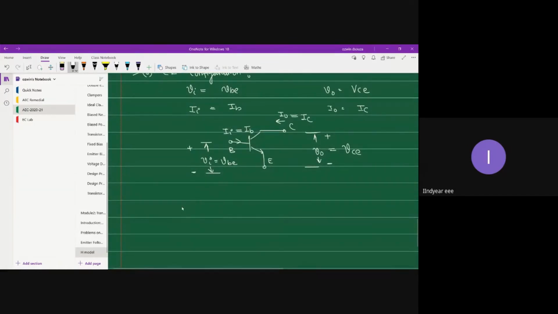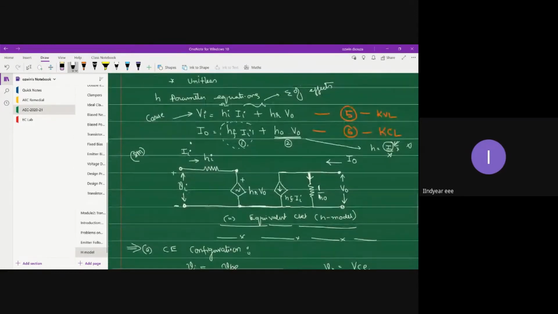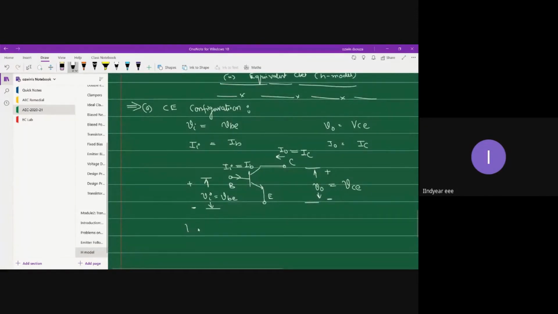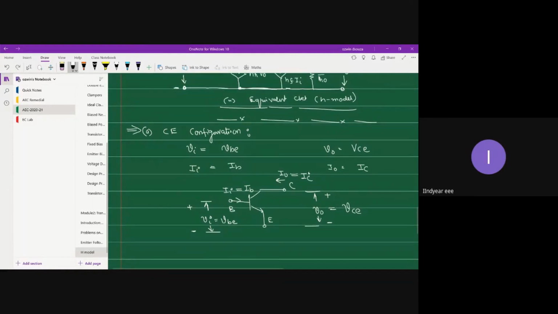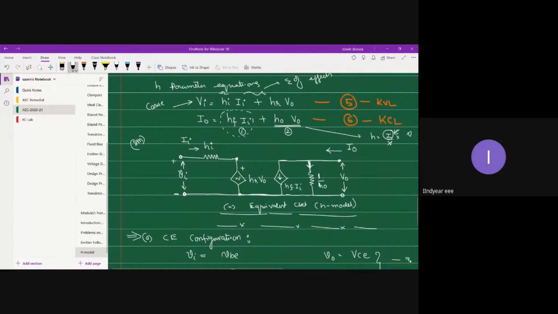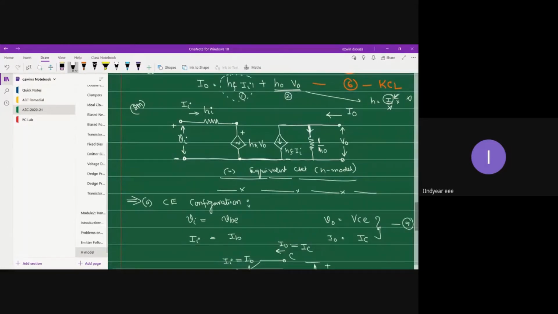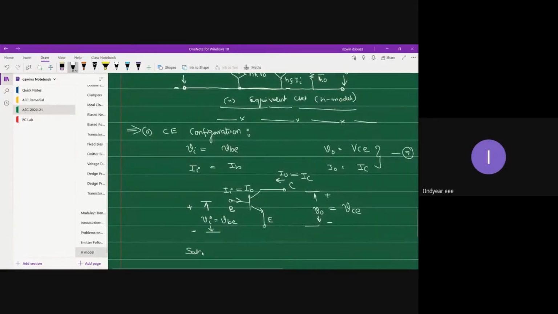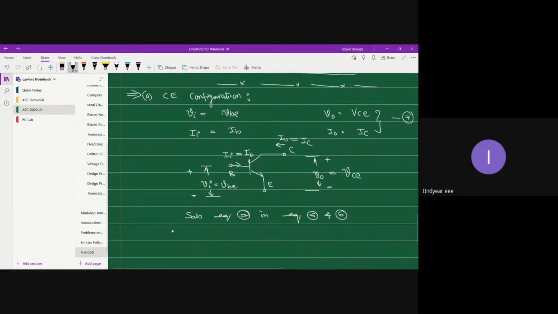Fine. So let us quickly write down the performance equations. What is VI for common emitter? It is Vb. Let me call it equation 7. Let's substitute equation 7 in equations 5 and 6. So I have my input voltage, which is Vb, and then HI.